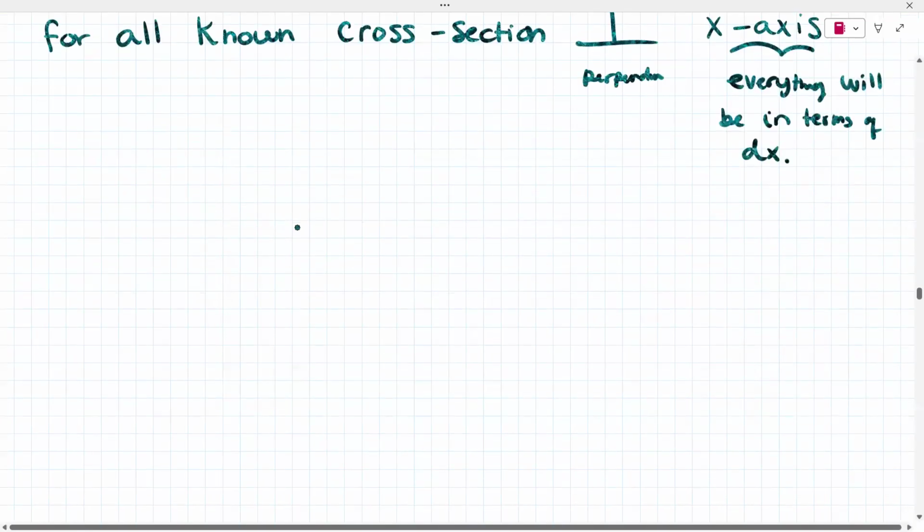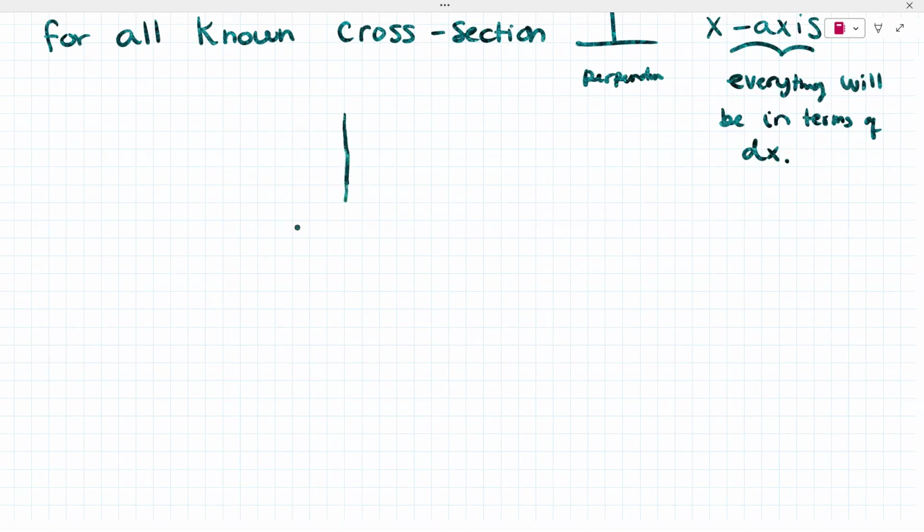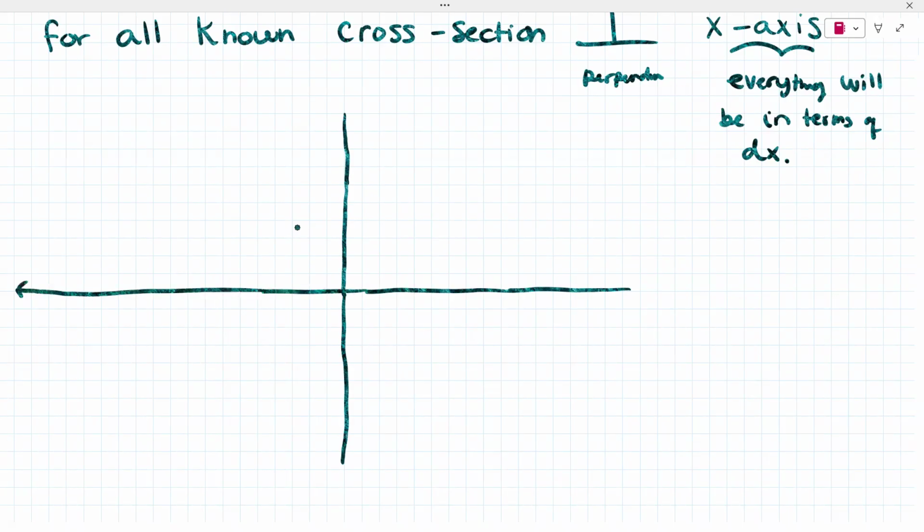So here we have this image. And y equals x squared is a parabola like this.